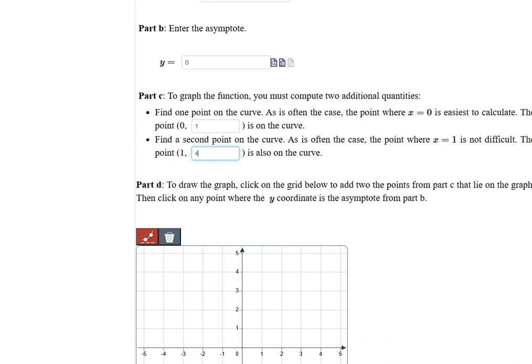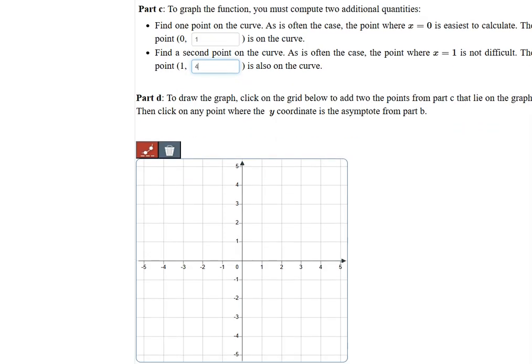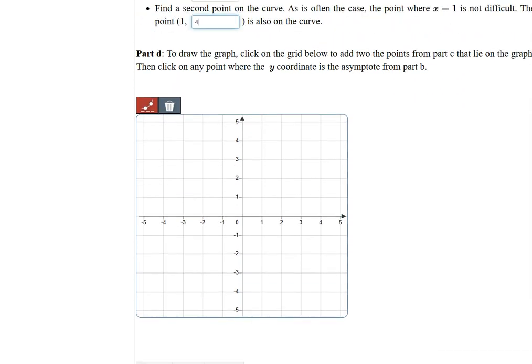And then on part D, okay, I got to draw it this time. To draw the graph, click on the grid below. Okay, do I click on this or just click on the grid? Oops, nope. How do I delete that? Delete? There you go. Okay, so I think I want to click on this, don't you? Click on that, and then I'm going to go 0, 1.